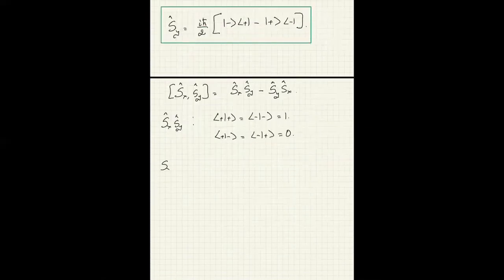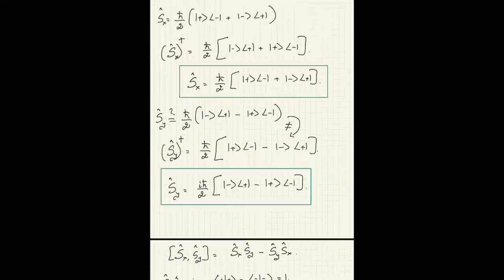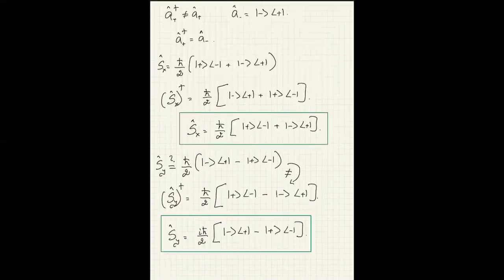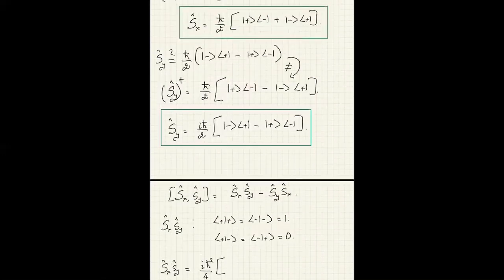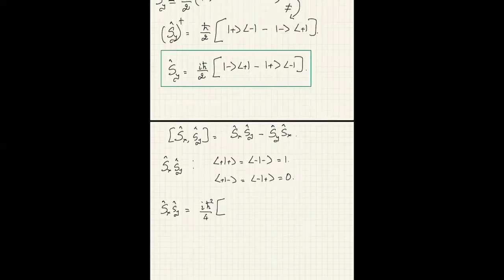So let's compute Sx Sy. Now Sx has a factor of h bar over 2 and Sy has a factor of i h bar over 2. So this product has a factor of i h bar squared over 4. Sx would be plus minus plus minus plus. So let me write it this way.